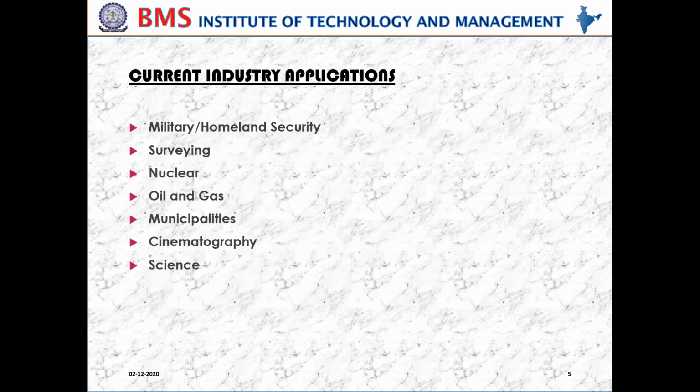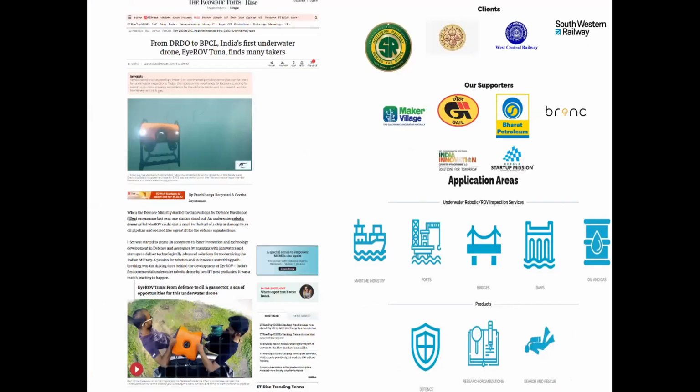So its current industry applications include military and homeland security, surveying, nuclear industries, oil and gas, municipalities, and it's used in cinematography for underwater shots, and in science for surveying lakes and other water bodies.